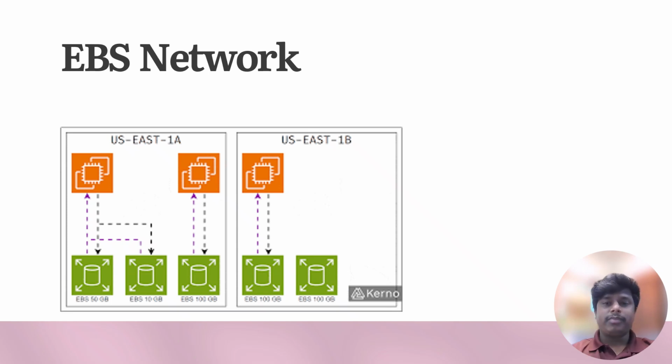But remember, a single volume can't be shared between two instances simultaneously, and because EBS volumes are locked to an availability zone, if we want storage in US East 1B, we have to create a new volume there. You can even create a volume and leave it unattached, ready to be used on demand.